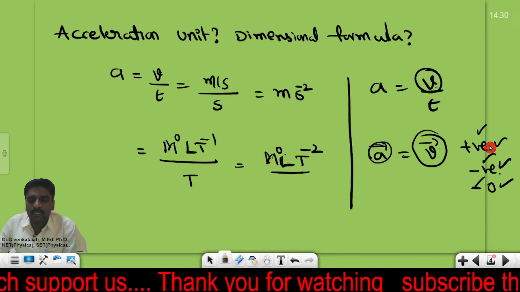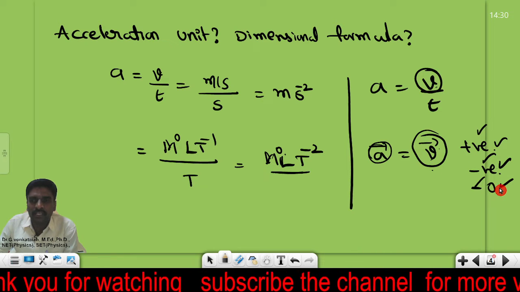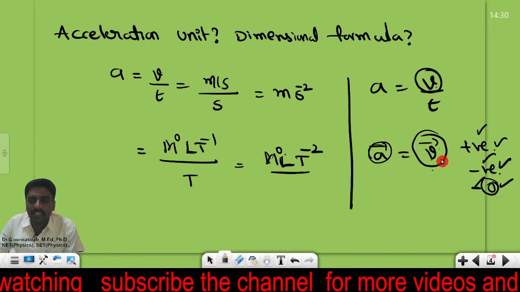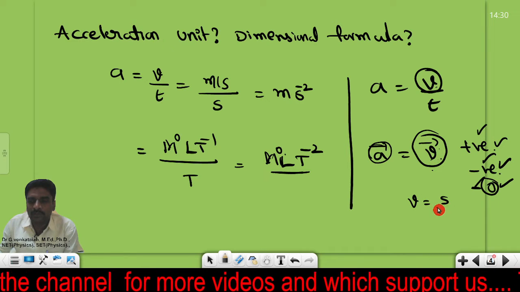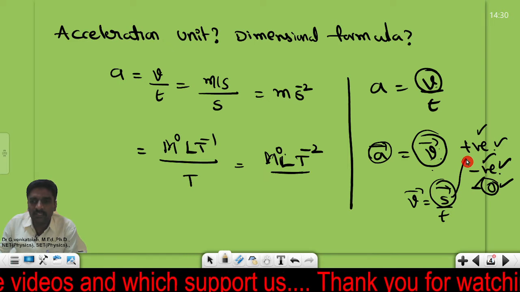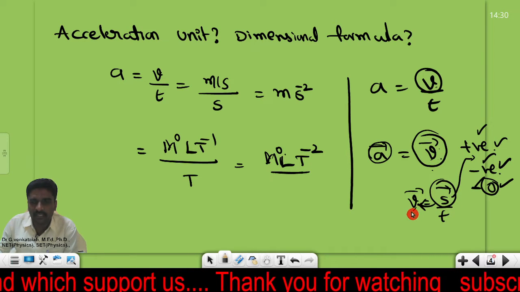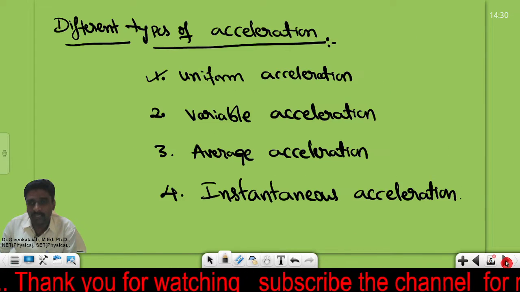A positive displacement means we get a positive velocity, a negative displacement means a negative velocity, and 0 displacement means we get 0 acceleration, depending upon velocity equal to displacement by time. So it depends upon the displacement: positive displacement means positive velocity, positive acceleration. This is the case we need to point out here.